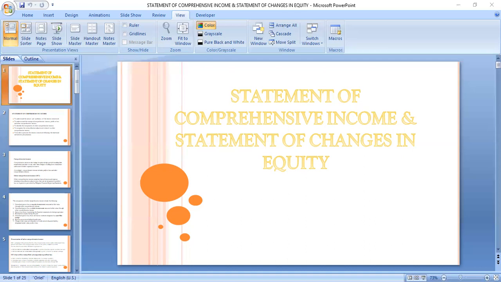Now we have the components of expense: cost of goods sold, distribution cost or selling expenses, administrative expenses, sometimes we call this general or administrative, other expenses, and income tax expense. Now we have the classification of expenses. Distribution cost or selling expenses constitute costs which are directly related to selling, advertising, and delivery of goods to customers.